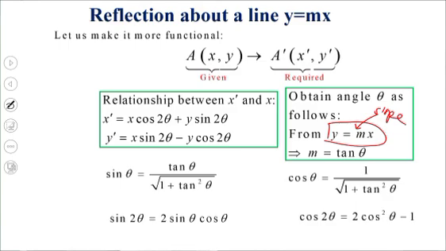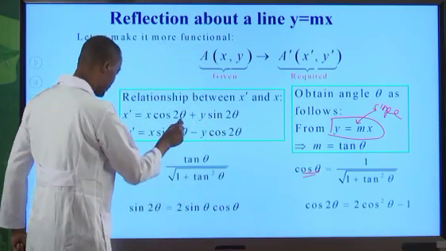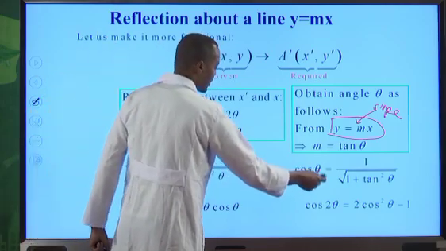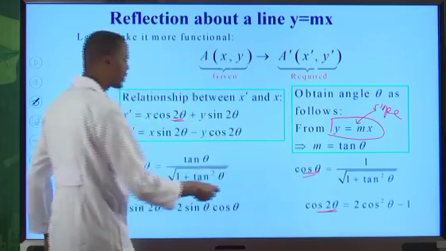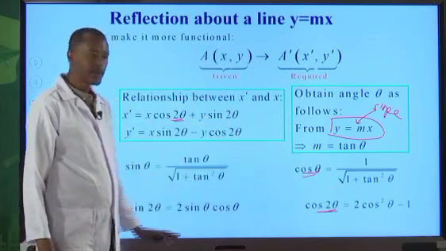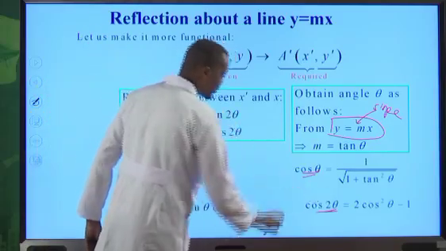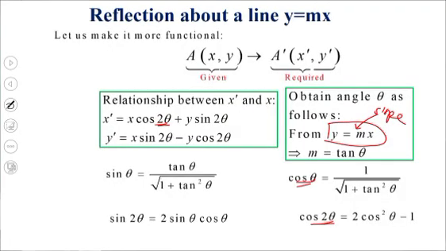And with the help of these trigonometric identities, we can get cosine of theta, but cosine of theta is not appearing in our formula, but rather cosine of twice theta, so we have to have a way to convert this cosine of a single theta into cosine of twice theta. We have to convert our angles in such a way that finally we can plug into our formula not cosine of a single theta, but twice of it. The same applies for sine, and we have to use the formula that you see here.